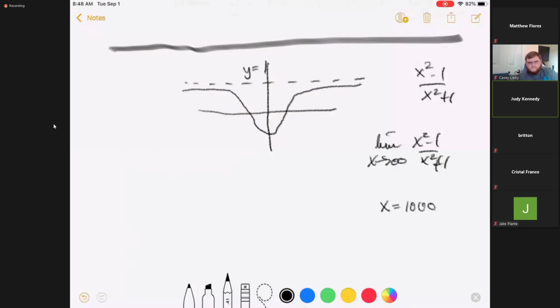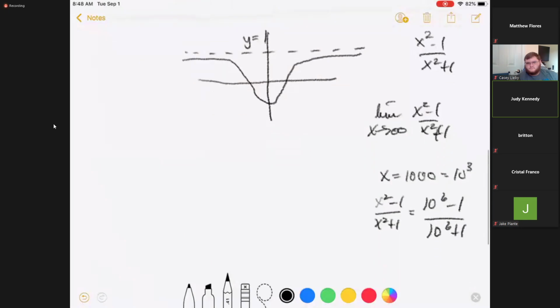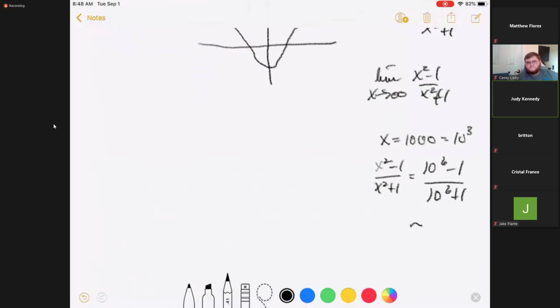But that's a pretty large x. X squared minus 1 over x squared plus 1 would be, this is 10 cubed, so it'd be 10 to the 6 minus 1 over 10 to the 6 plus 1. Well, that's pretty close to 1, isn't it?